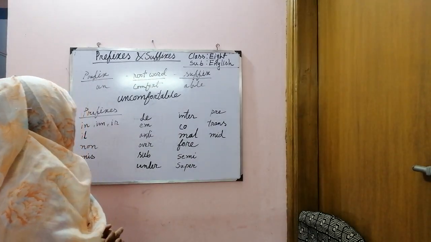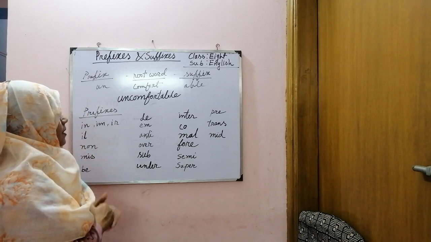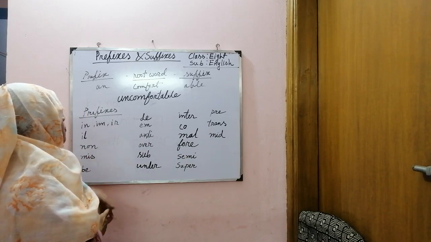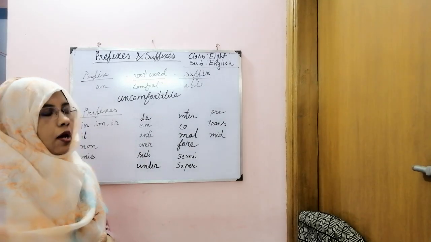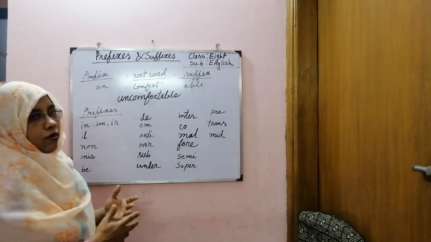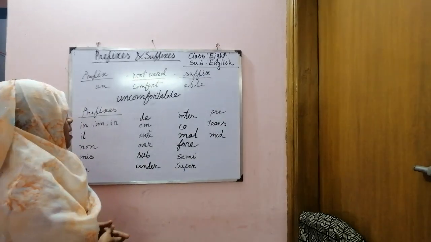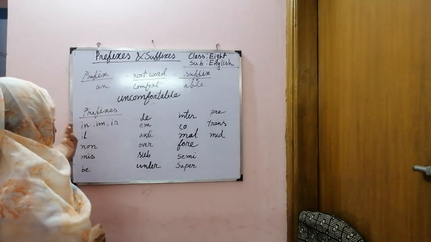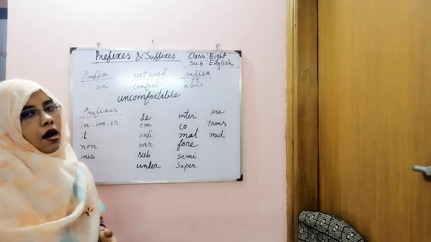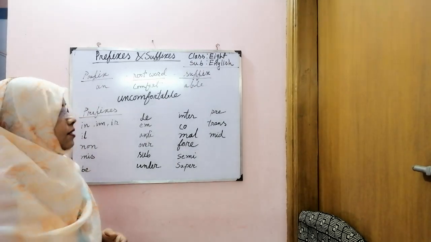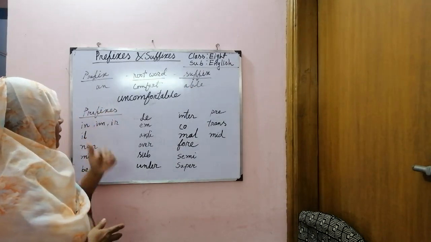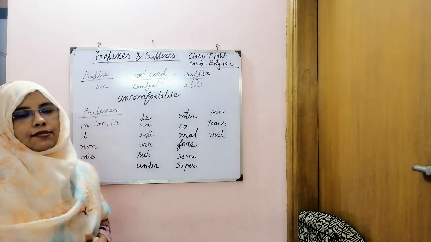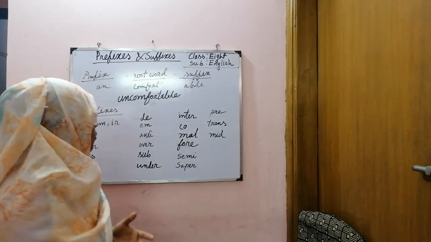So you can see that with the help of prefixes and suffixes, we can make many new words. Those new words formed with the help of prefixes and suffixes are called derivatives. So we can say that uncomfortable is a derivative, a new word.